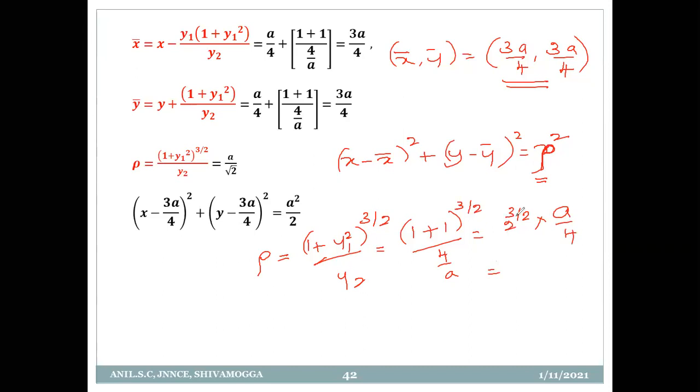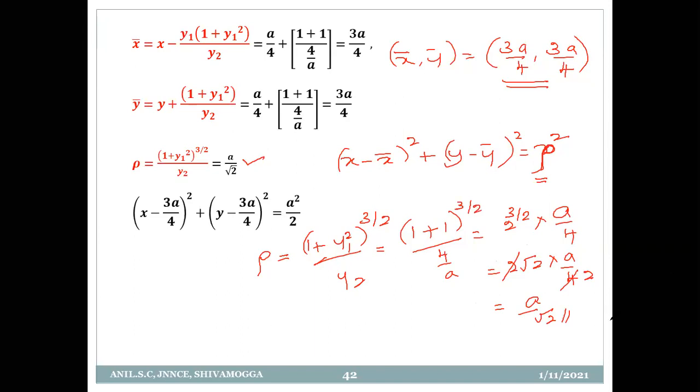And 2 power 3 by 2 can be written as 2 root 2 into a divided by 4. And this 4 is exactly divisible by 2 times. Therefore, this is equal to a into root 2 divided by 2, which is 1 by root 2. That means the radius of curvature is a divided by root 2.